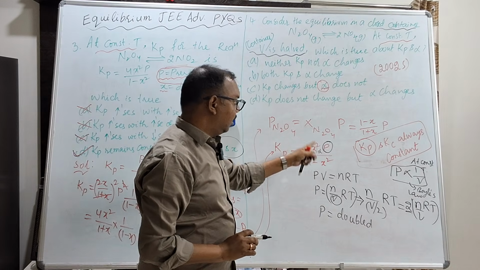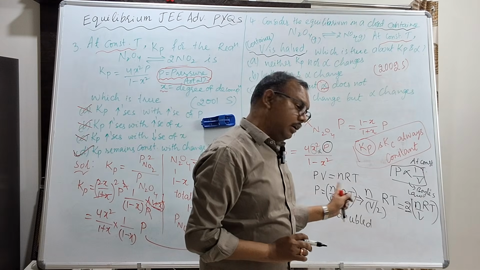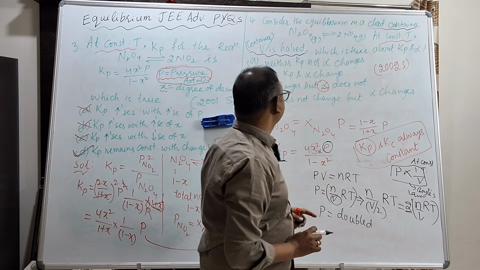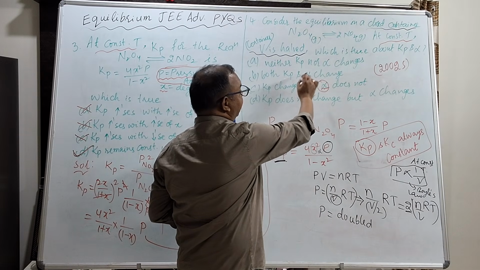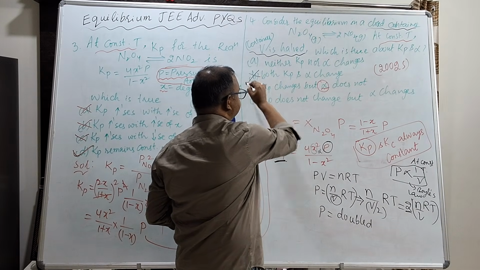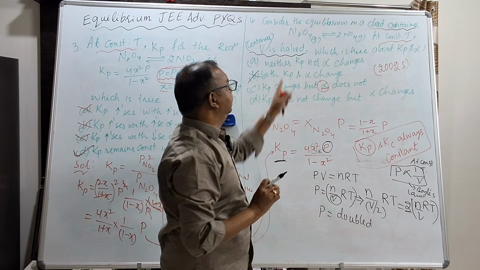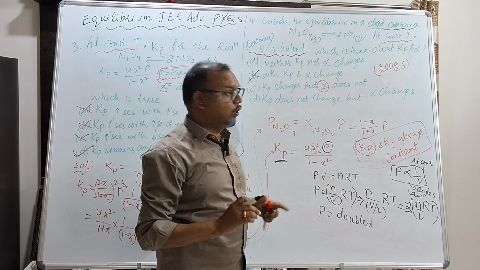Kp never changes, but does alpha change or not? Pressure is changing, we know that very well. Now, the option that both Kp and alpha change is obviously wrong.